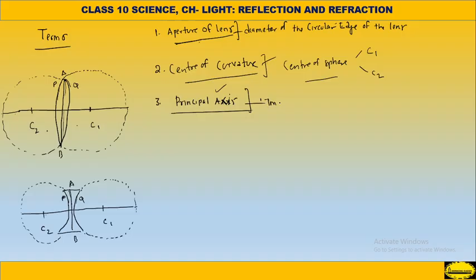It is an imaginary straight line that is passing through the centers of curvature of the two surfaces of the lens.